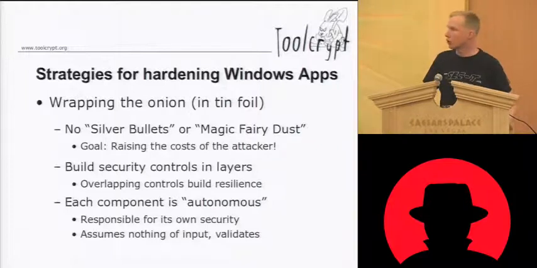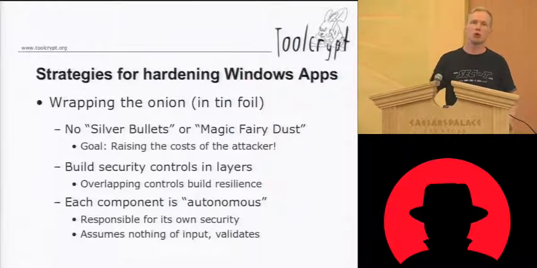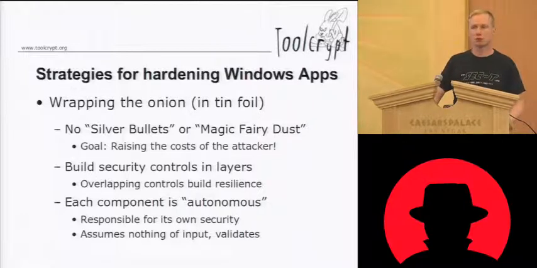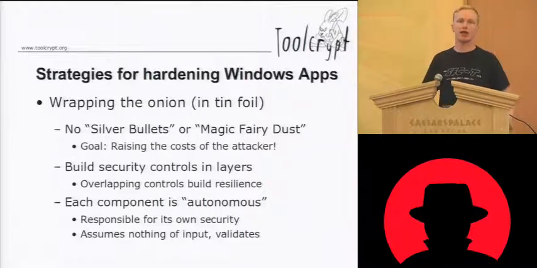Look at each component in isolation. Make sure that it's responsible for upholding its own security by verifying its inputs and making sure it produces safe output as well. Assume nothing but validate everything.